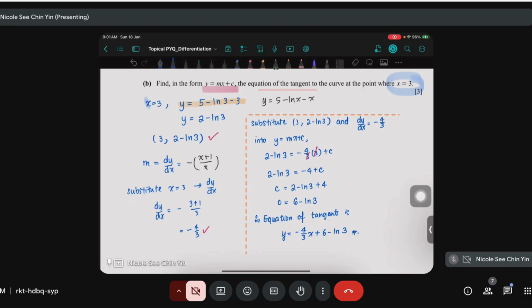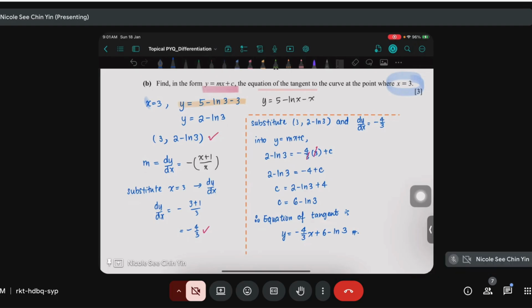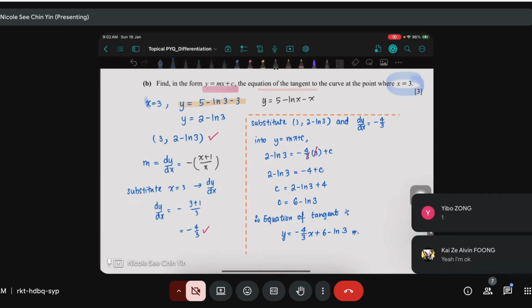Done, press 1. Ibo and Alvin. No, Alvin, if you've done copying down, then you just press 1.